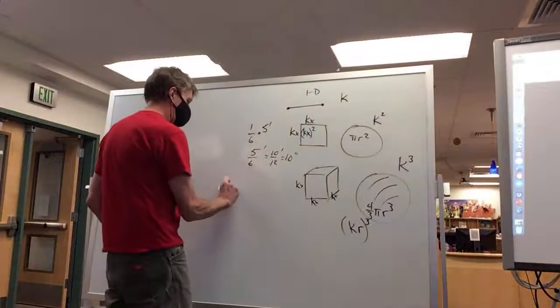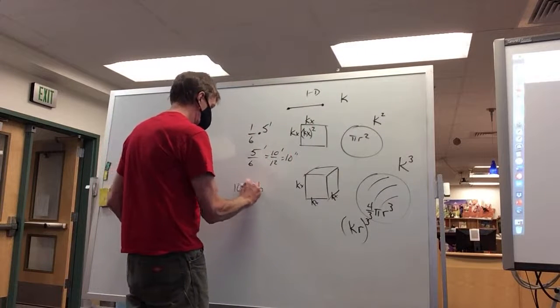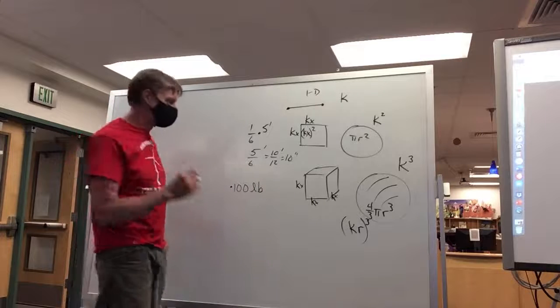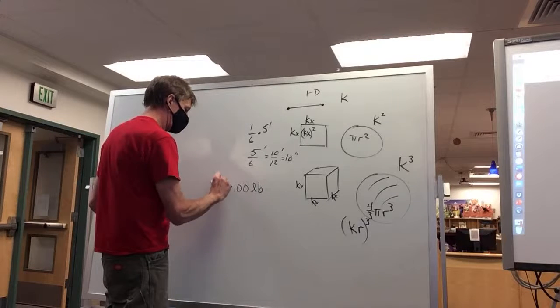So you got the 100 pounds, it's a weight, and we're saying that this person is 1/6 of their original size.